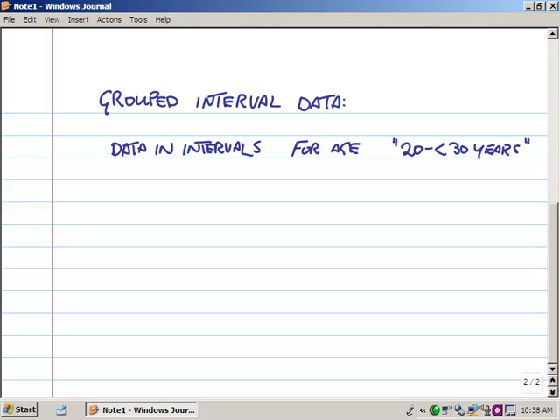It turns out that the formulas that we just used for the grouped integer data we can also use for the calculation of the average and variance, and therefore standard deviation for grouped interval data. We will also show how to calculate the median from such data.